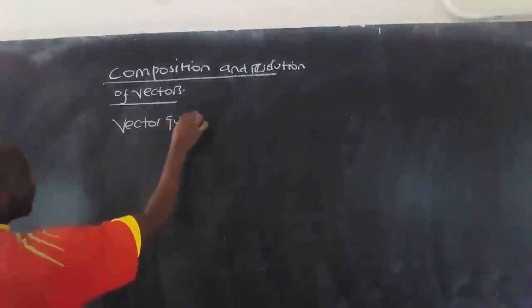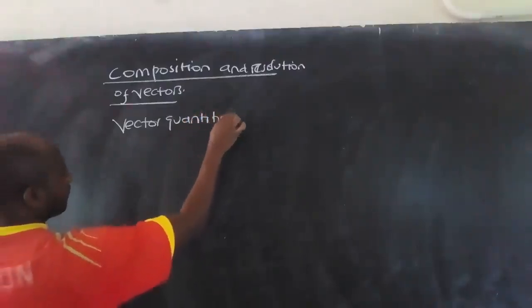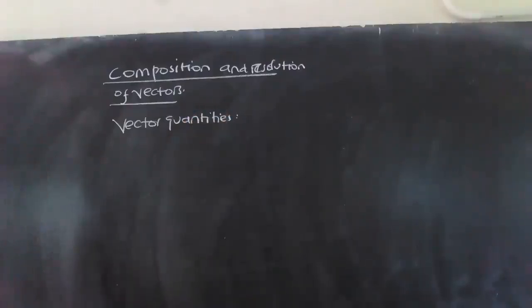A vector quantity is a physical quantity with both magnitude and direction, e.g., displacement, velocity, acceleration, force, weight, momentum, etc.